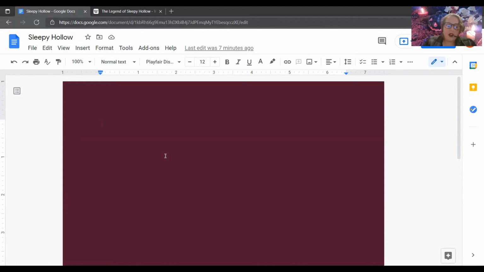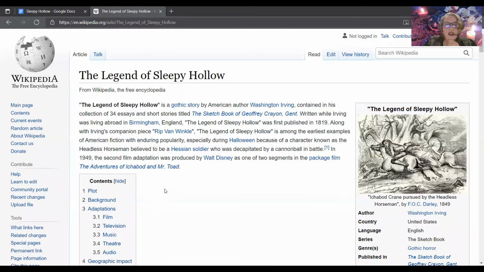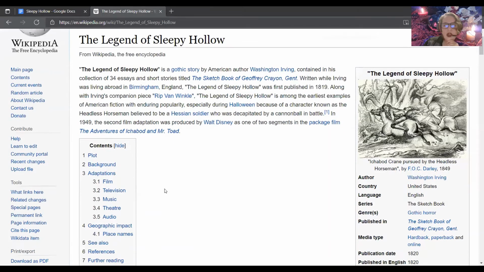But you kind of want to figure out where your ending is, and if you want to stick to the original ending. So the Legend of Sleepy Hollow is kind of weird because as we know it, the ending has changed. Like if you've seen the Johnny Depp version, they definitely took creative liberties, and that's not the original ending.